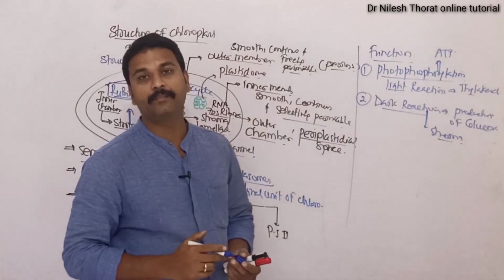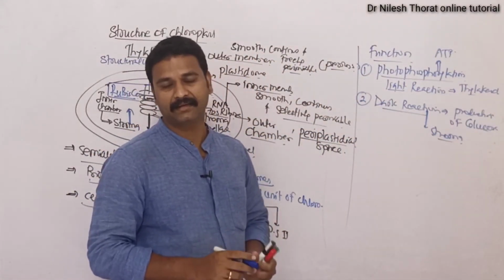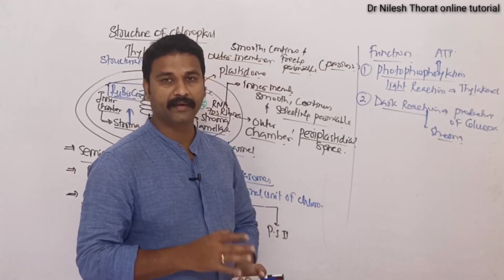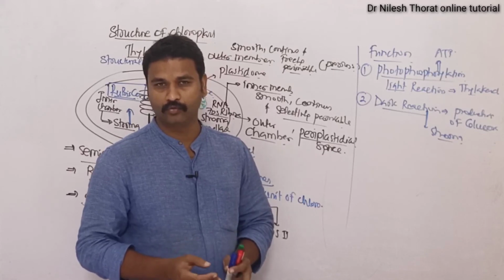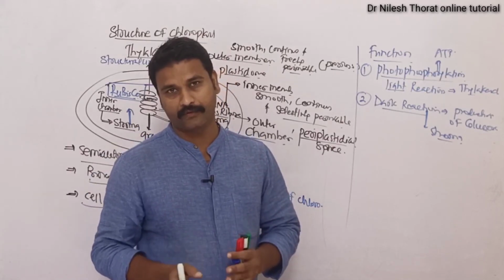With the help of Calvin cycle, that is dark reaction, the chloroplast helps the cell form molecules of glucose. This is the main function of chloroplast.